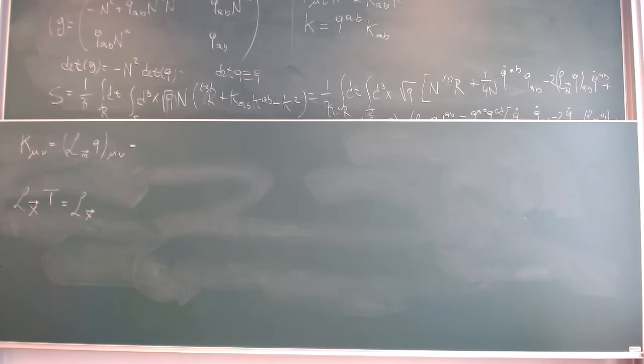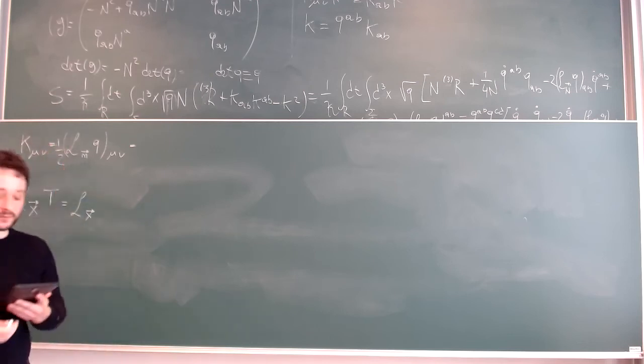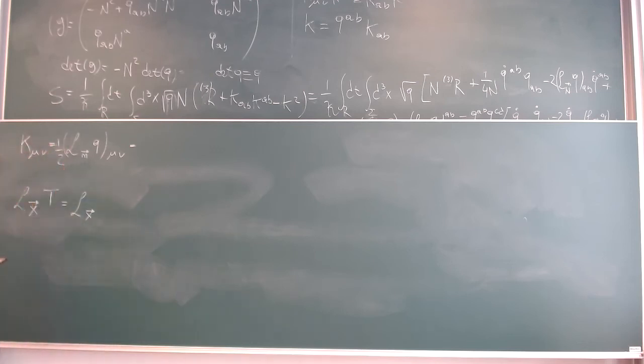But it's not equal now. 1/2, yes. It's still not equal. You have an antisymmetric part. What happened to that? Here, on the left, K mu is not symmetric. It is. How come it's symmetric?